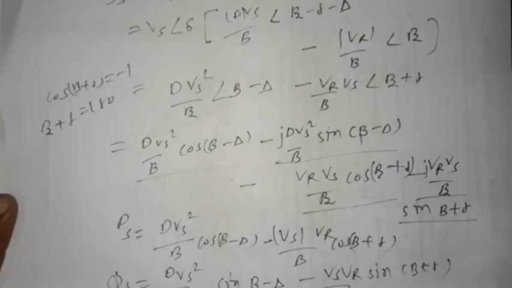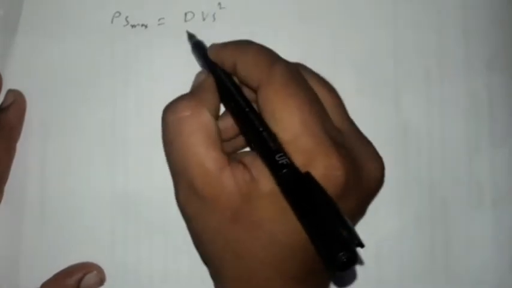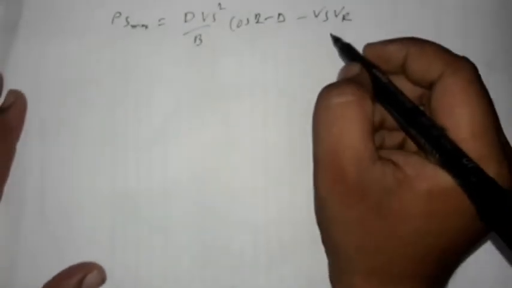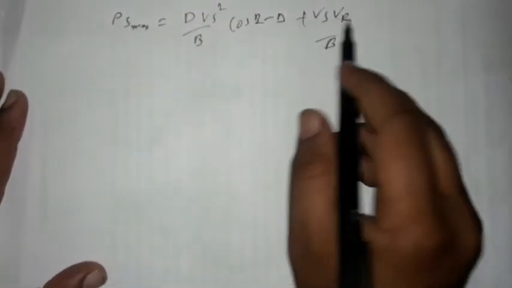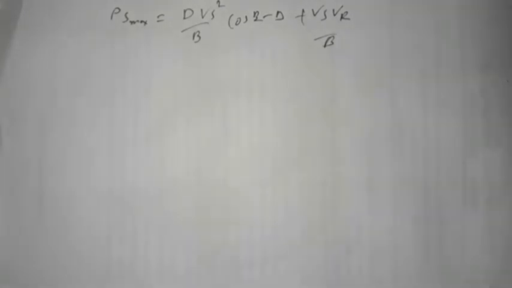So we get the value of maximum power, PS maximum, which is equal to DVs square by B cos(beta minus delta) minus Vs into VR by B, plus Vs into VR by B, because we take cos(beta plus delta) equal to minus 1, so it is equal to Vs into VR by B for maximum power of sending end.